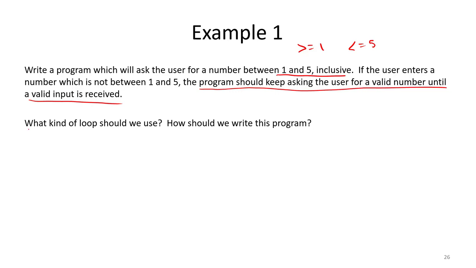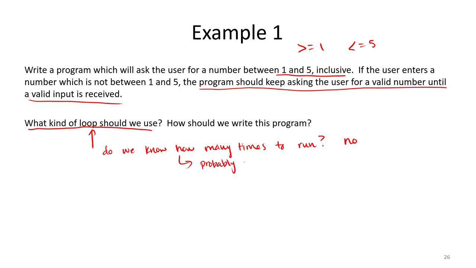Well, what kind of loop should we use? Well, do we know how many times this loop needs to run? So based on that reasoning, probably not a for loop.